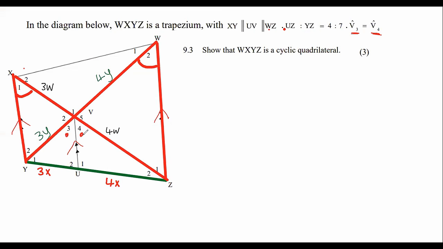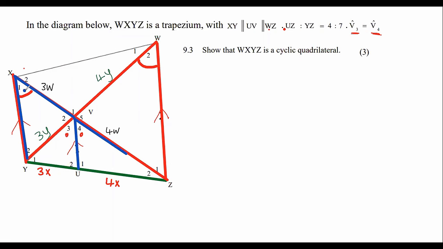Now, if you look over, let me get a different color for us. Can you see that there is an alternating angle over here? I mean, not an alternating angle. There's corresponding angles there. Can you see that F that I've just drawn?